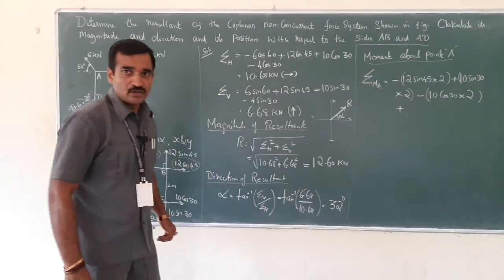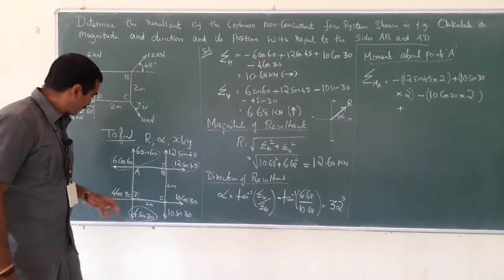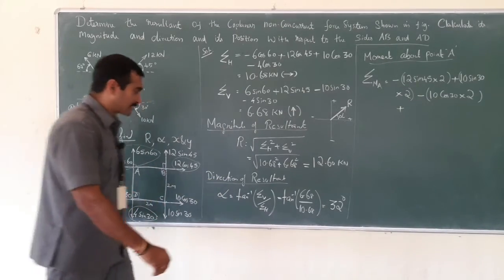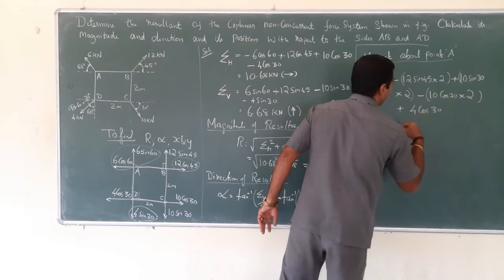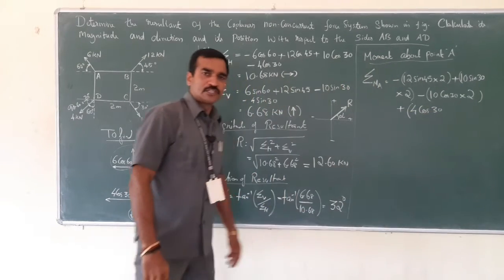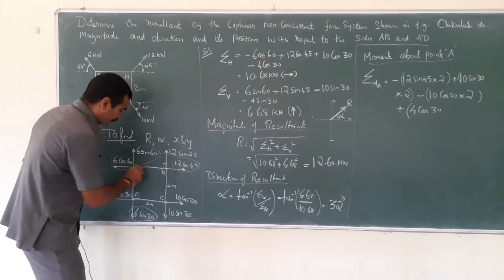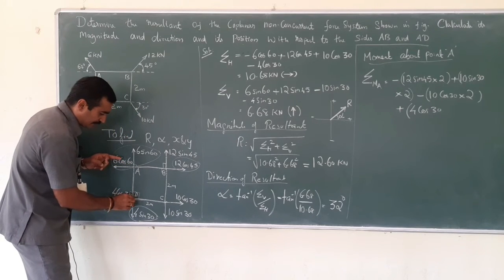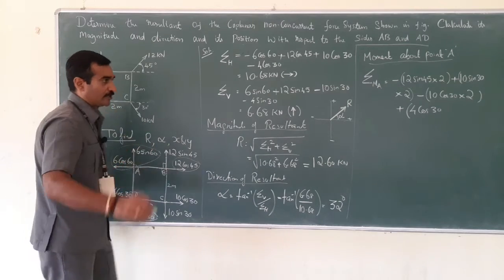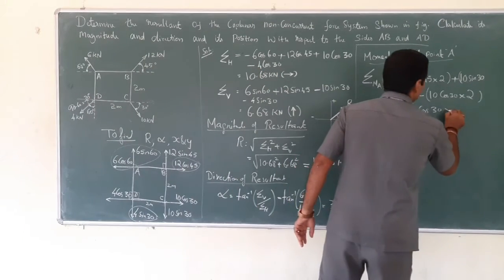And what about the moment, force into its perpendicular distance? The magnitude of the force is 4 cos 30. What about its perpendicular distance? Its perpendicular distance from A to D is 2 meters, so 4 cos 30 into 2.